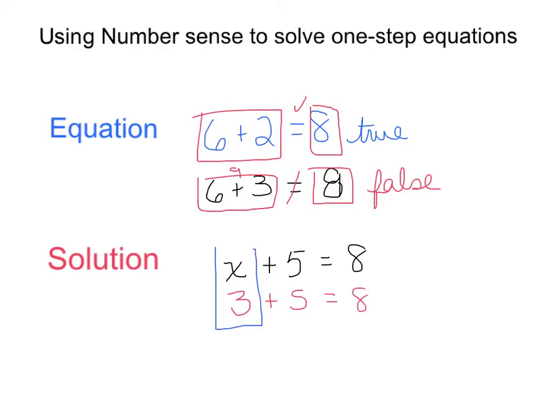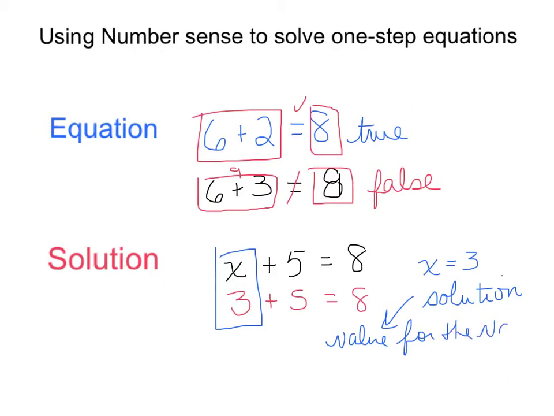So x equals 3 would be my solution, which is basically a value for the variable which makes the equation true. In this case, x equaling 3 would be the value that makes the equation true.